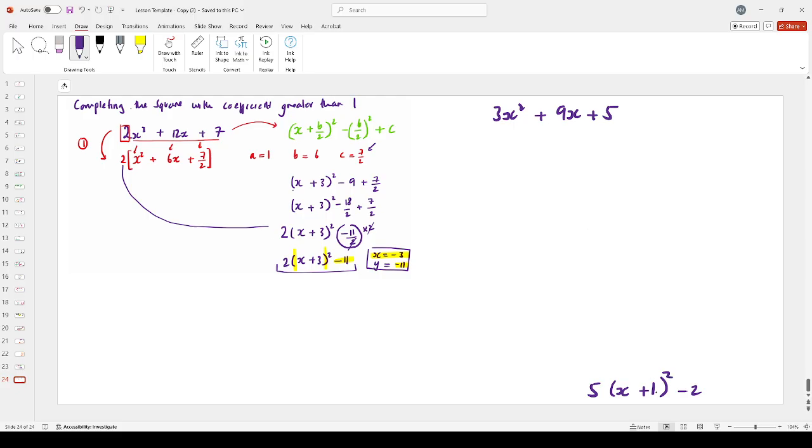Do this one first, then do the challenge. So for this one, I want the turning points. For this one, I want the original equation.